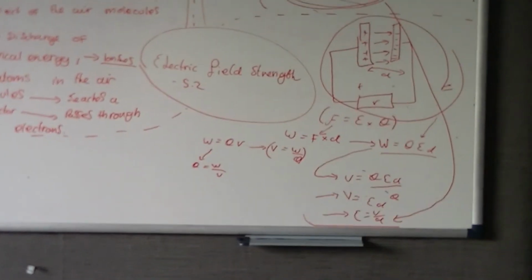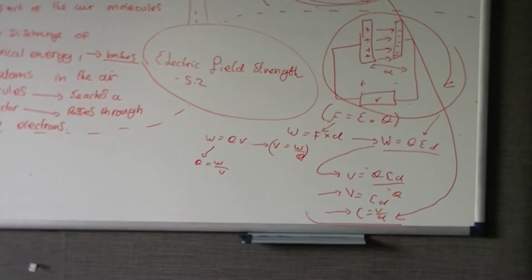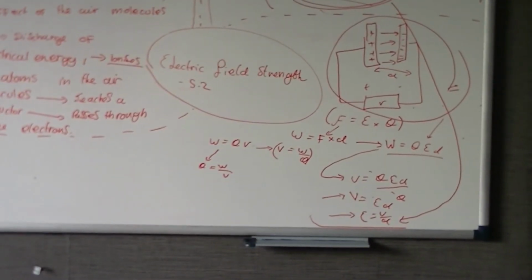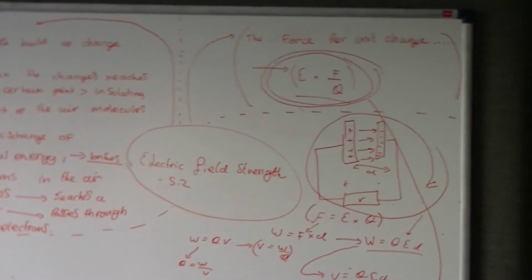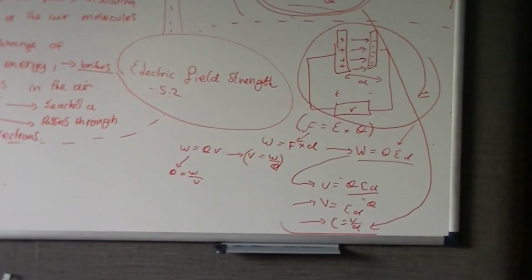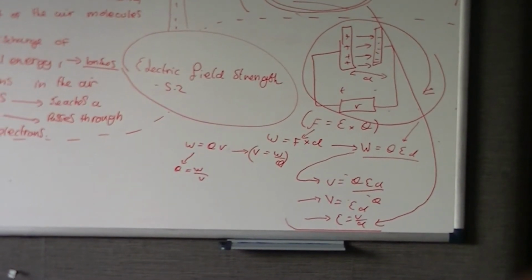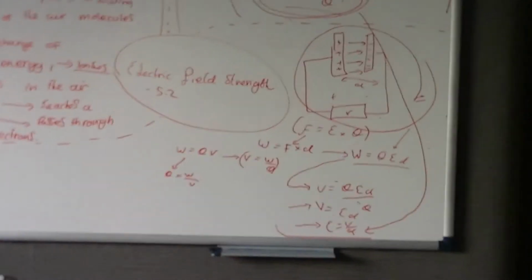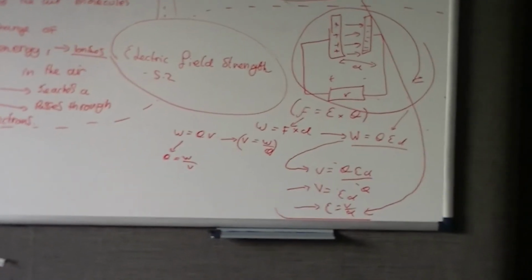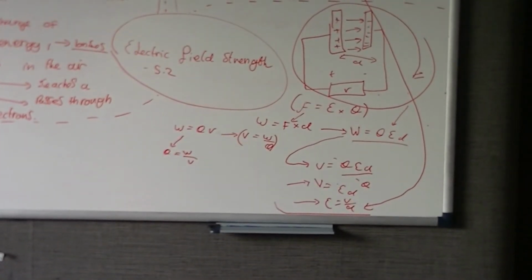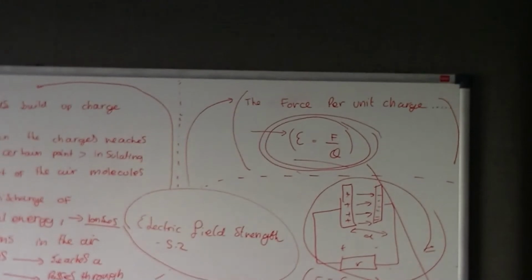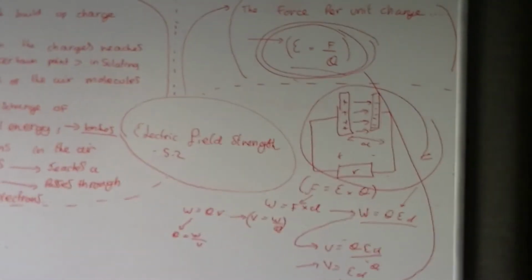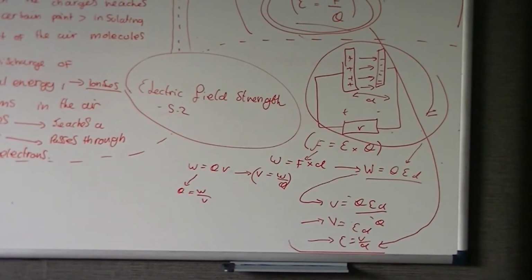So the work done, for example, you might be asked the work done in a situation like that, and we couldn't really use E equals F, the force over the charge, to work out the work done. So we might be asked to use that equation, which is just the derivative of the first equation, and all we've done to get that equation at the bottom, E equals V over D, is rearrange the top equation and sub in one or two equations that we should know from AS topic.